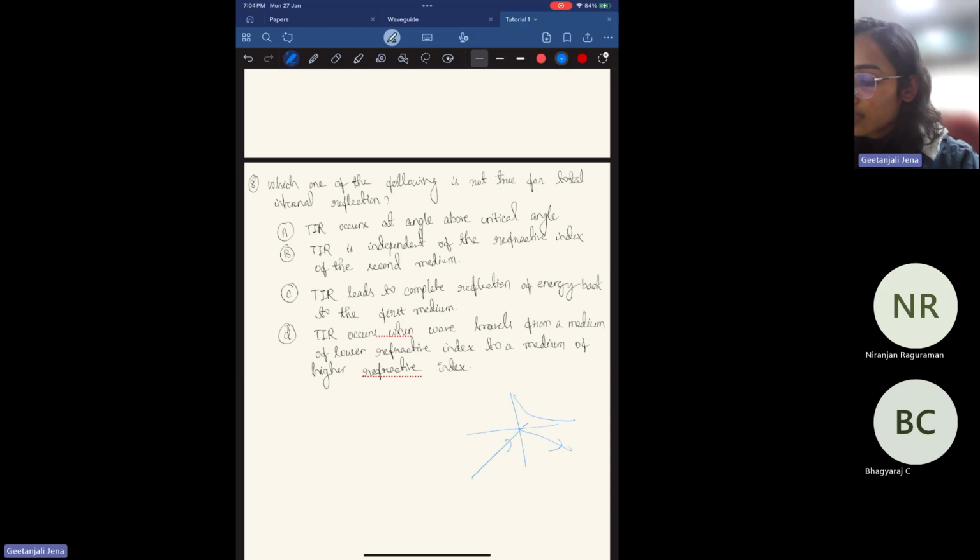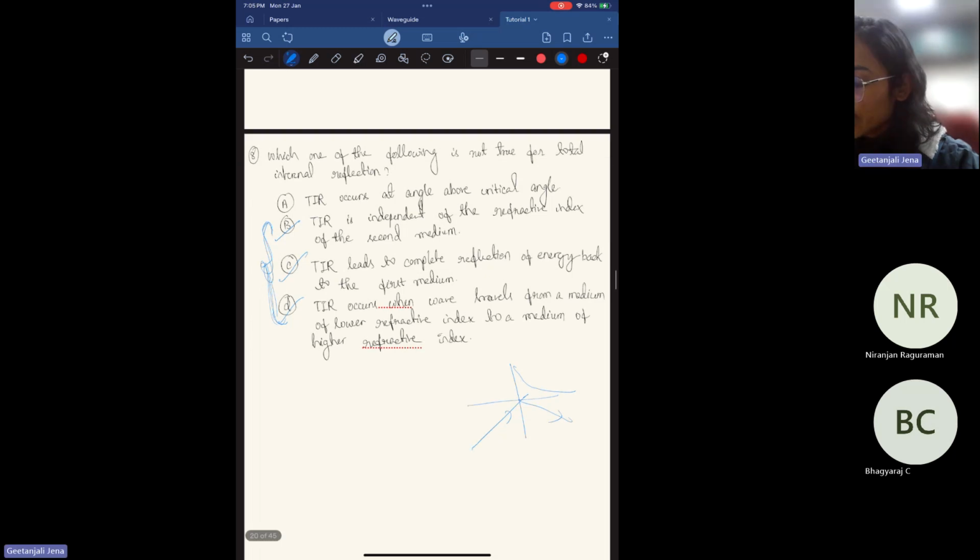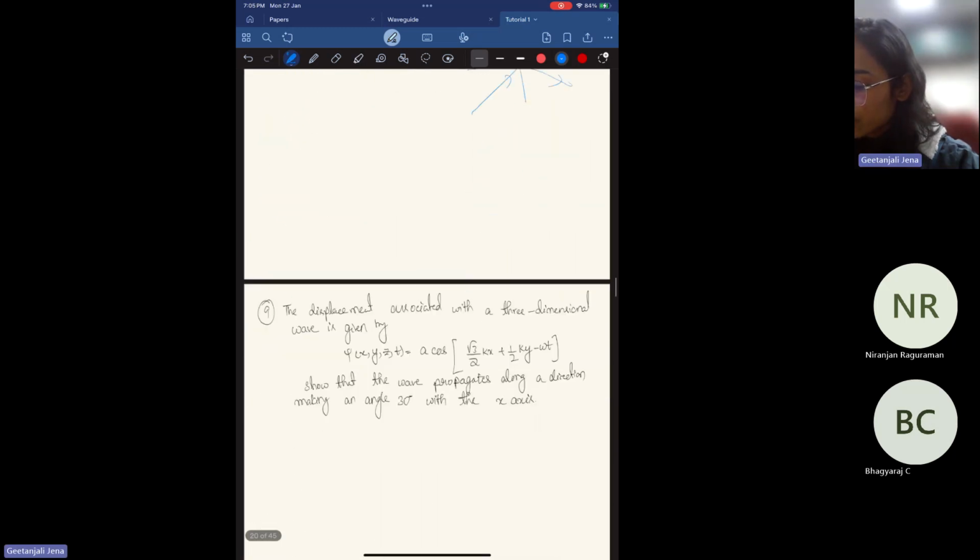So that means these three options are not correct. If you know the concept, then you can easily find out the answer to this question. So let us quickly move to the next question.